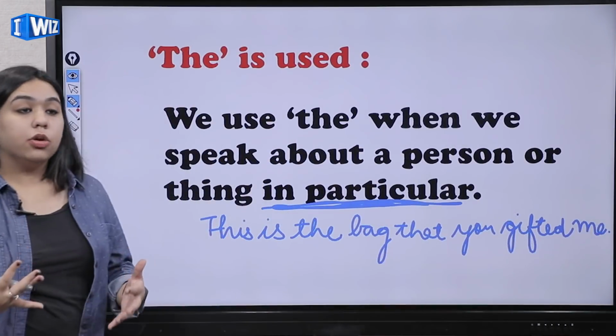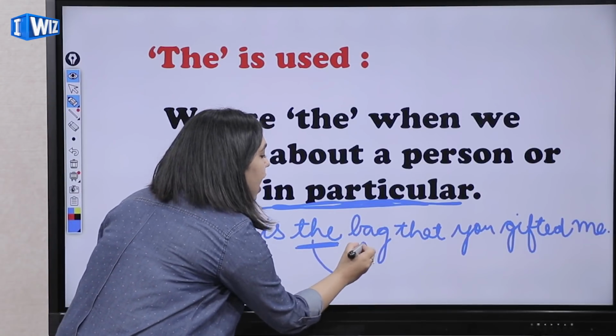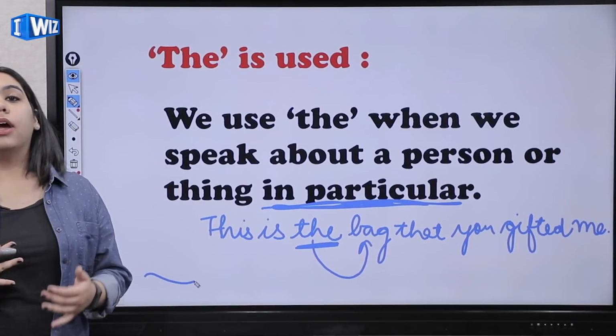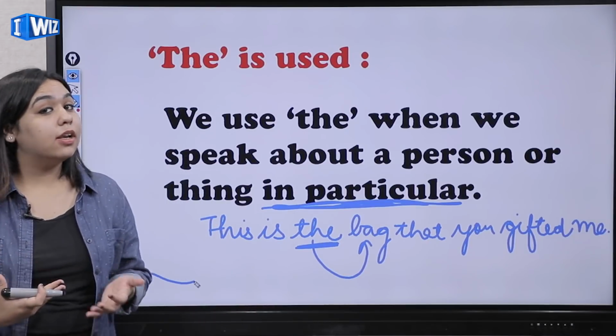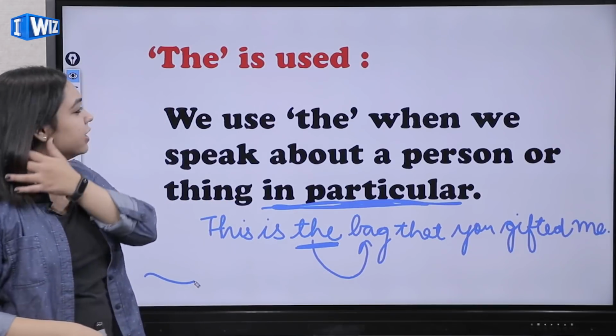Okay, so here you will see that I have used the article the. Why? Because I am being very specific that this is the same bag. So wherever you are laying stress, you're being particular about something, you're going to use this article. I hope that this is clear to you.